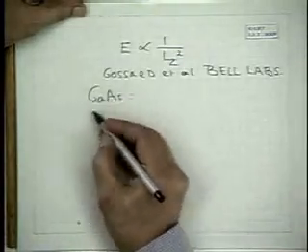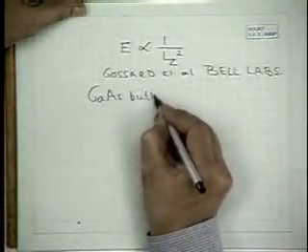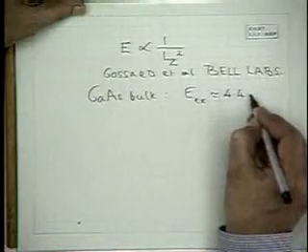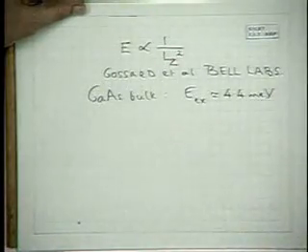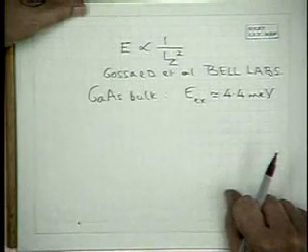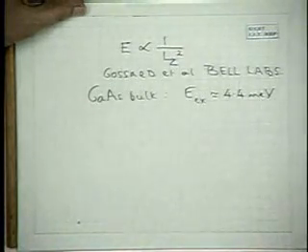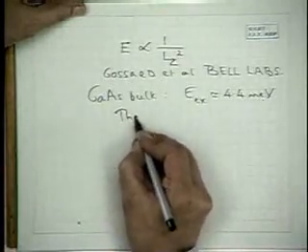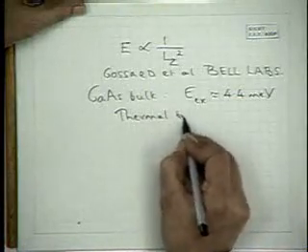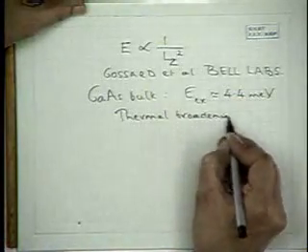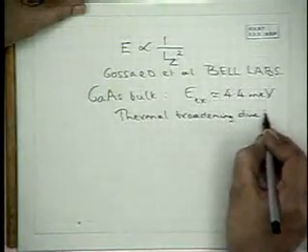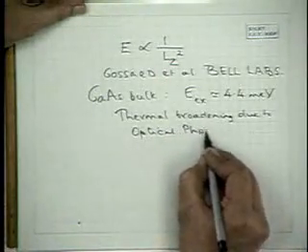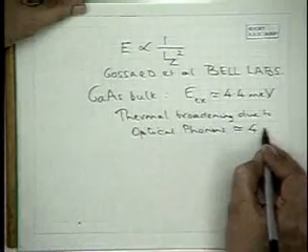In bulk gallium arsenide, the excitonic energies are of the order of 4.4 milli-electron volts, and the thermal broadening due to optical photons is also of the order of 4 meV.